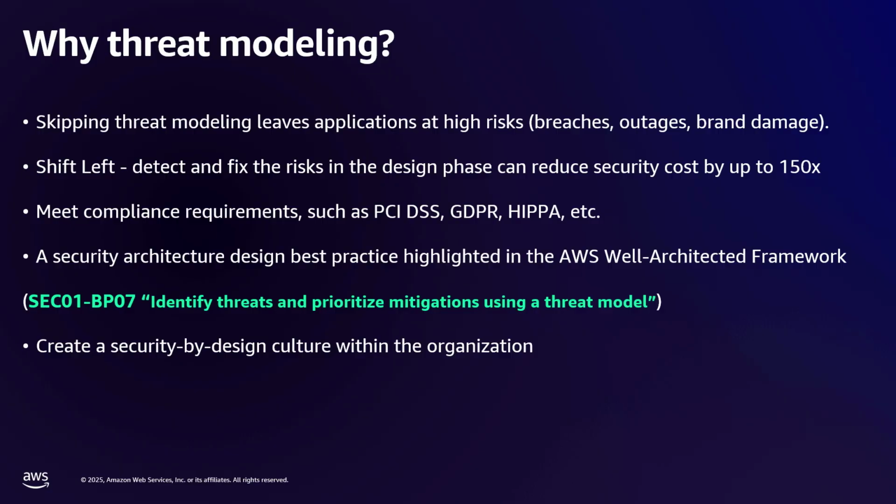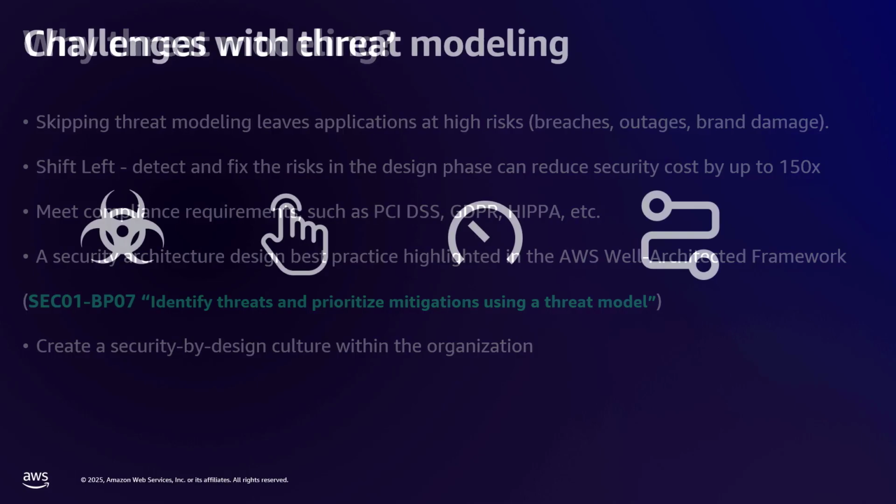Threat modeling is also a best practice highlighted in the AWS Well-Architected Framework for designing a very secure system. The ID is SEC01-BP07. And if we can use threat modeling to shift security to the left in the SDLC, we can create a security by design mindset in our organization.